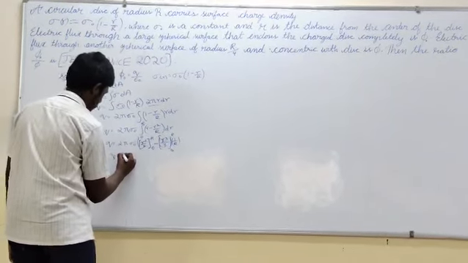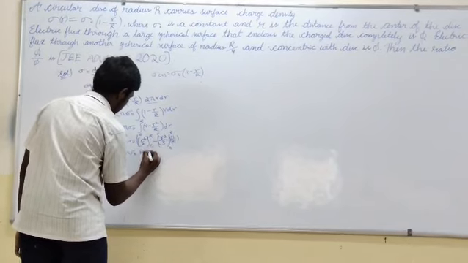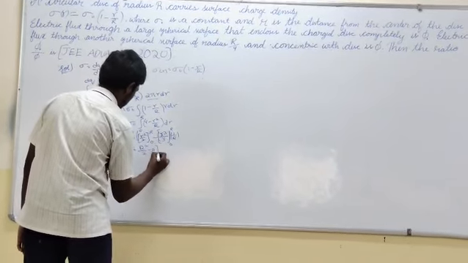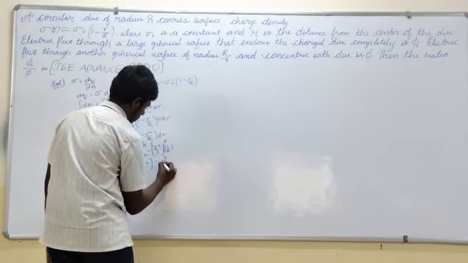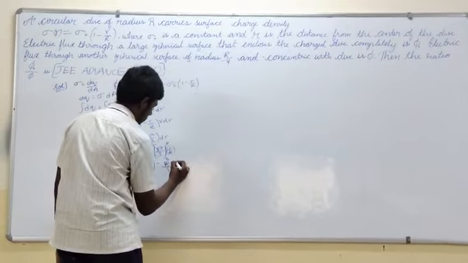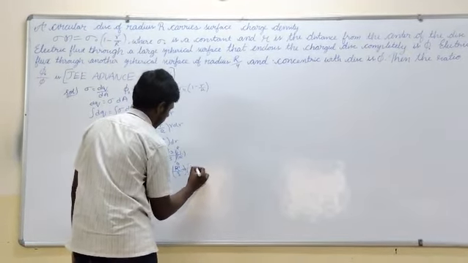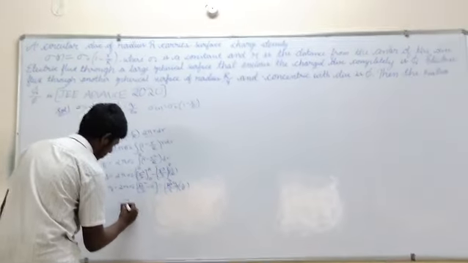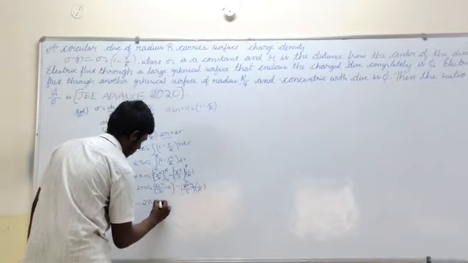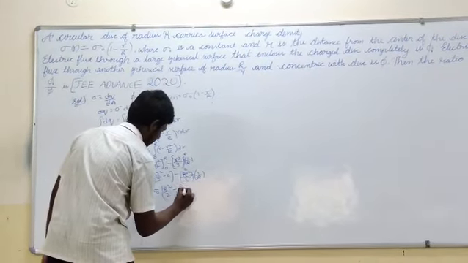Q is equal to 2 pi sigma naught, R square by 2 minus 0, minus R cube by 3 into 1 by R. This R and R cancel, so we get 2 pi sigma naught, R square by 2 minus R square by 3.